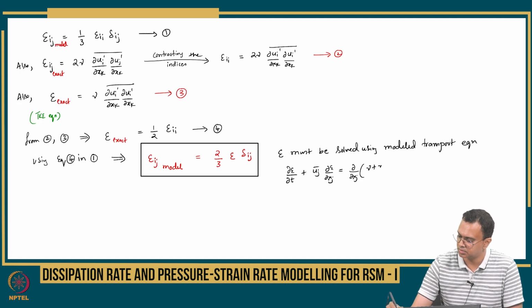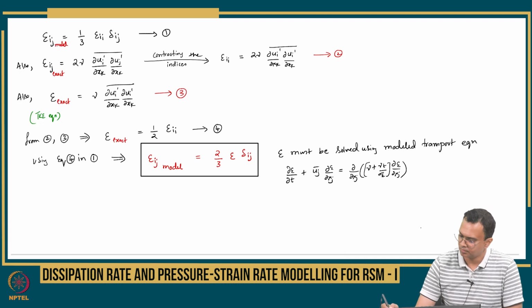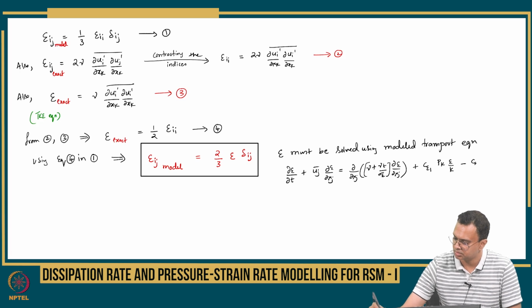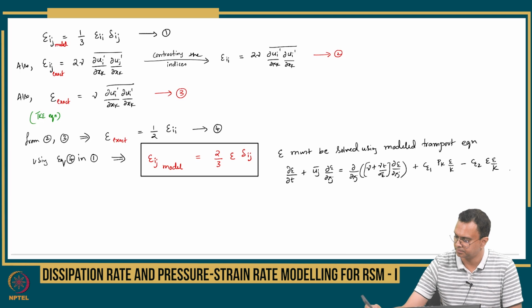The (ν plus νt/σ_epsilon), correct? ∂epsilon/∂xj, and I have the C_epsilon1 Pk epsilon/k minus C_epsilon2 epsilon²/k.